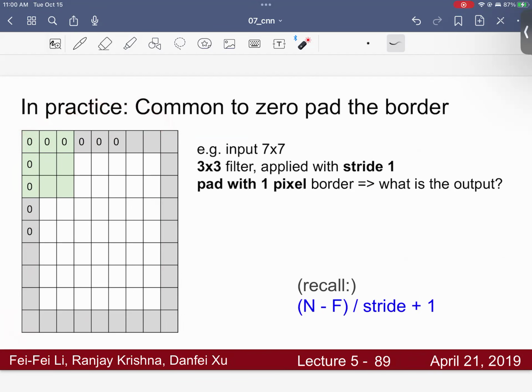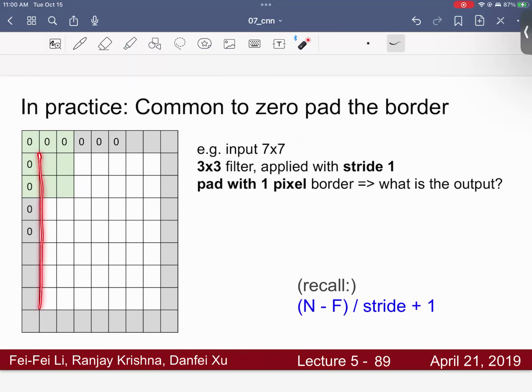And then you start doing convolution with a 3 by 3 filter. Then how many times can you move horizontally and vertically? You can move 7 times, like 1, 2, 3, 4, 5, 6, 7. So your output dimensionality would be the same as the input dimensionality before the padding, of course.